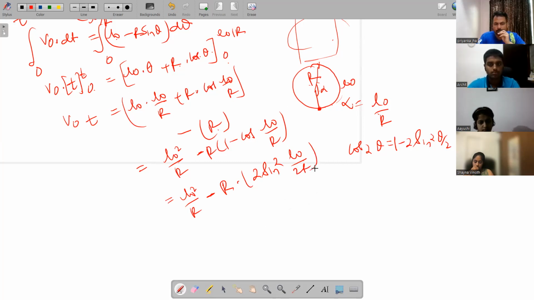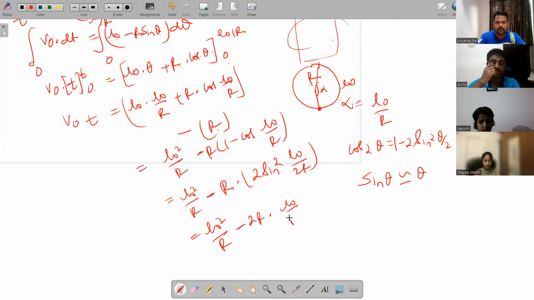Right. Now, if I consider this angle is very small, sin theta can be written as theta approximately. So this should be L naught square upon R minus 2R into L naught by 2R whole square.